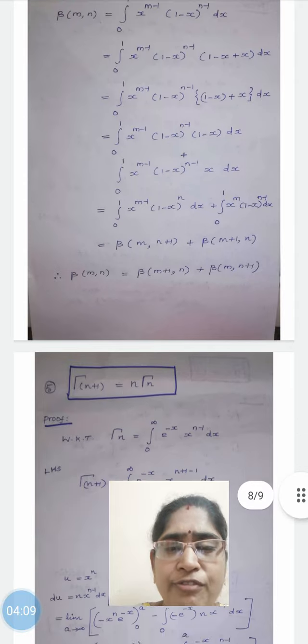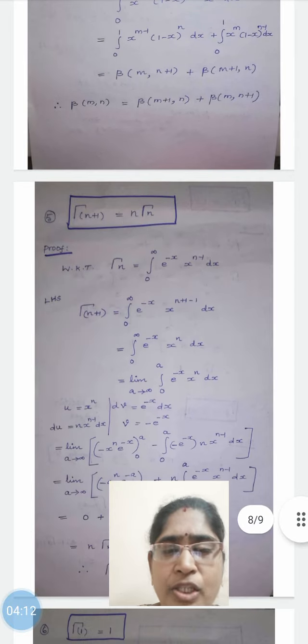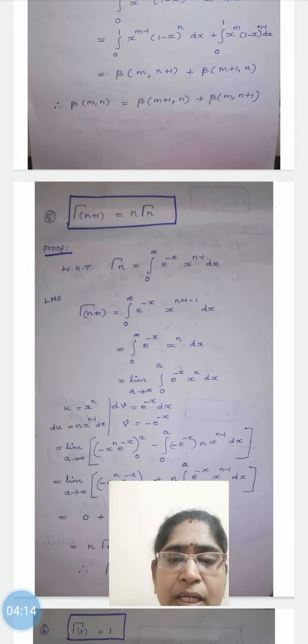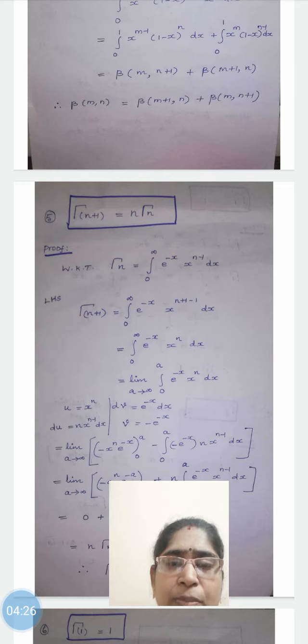Now the fifth property is related to gamma function. Gamma of n plus 1 can be written as n into gamma n. We know that gamma of n is integral over 0 to infinity e to the power of minus x into x to the power of n minus 1 into dx. So now taking the left hand side, gamma of n plus 1 is nothing but integral over 0 to infinity e to the power of minus x into x to the power of n into dx.